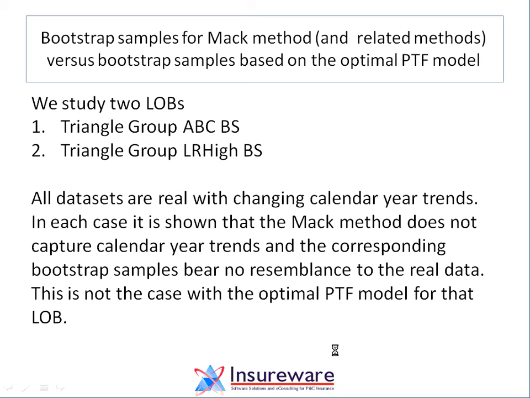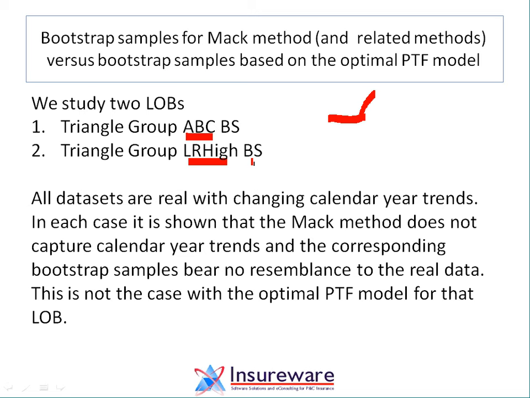We're going to look at two LRBs that we studied before. One of them is ABC, where there's a major trend shift along the calendar years, a couple of trend shifts. And the other one is LR high, where there's a number of calendar year shifts, but there's also heteroscedasticity versus development years. In other words, the variance of the normal distribution changed by development year.